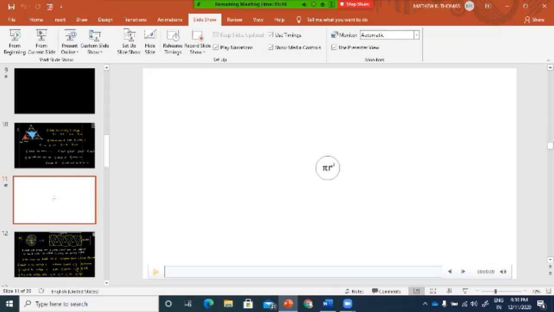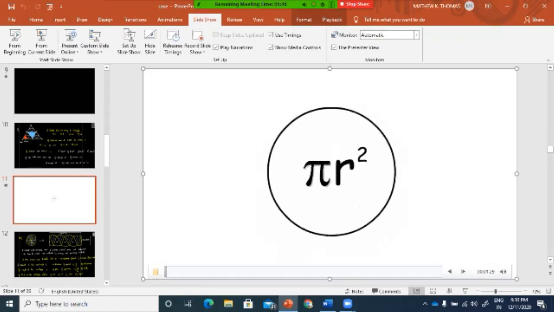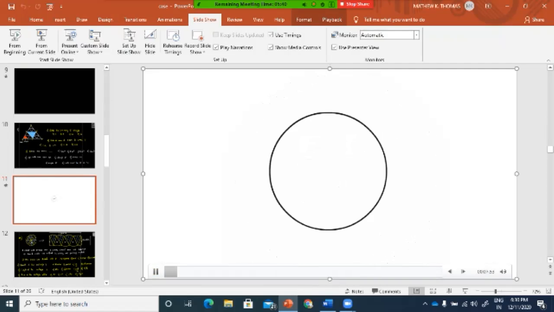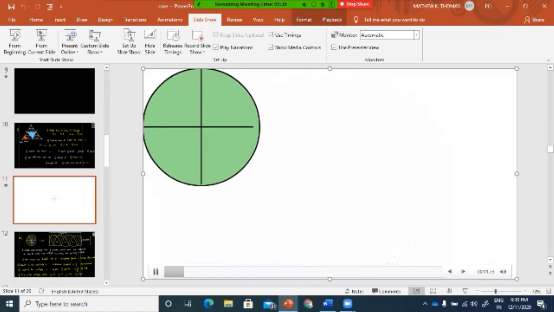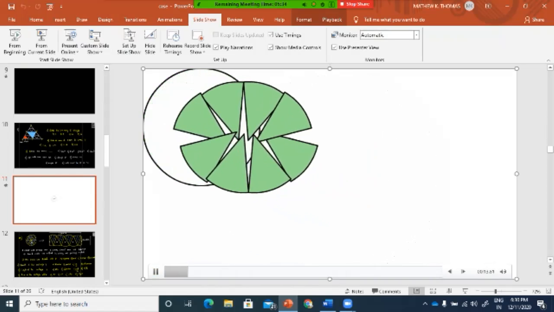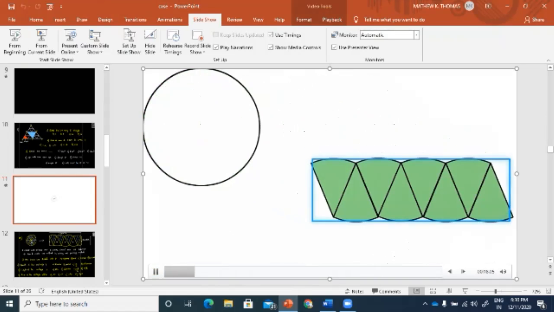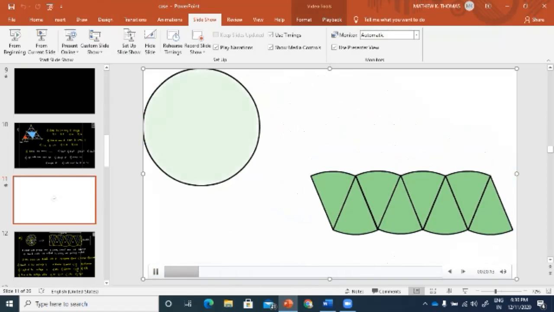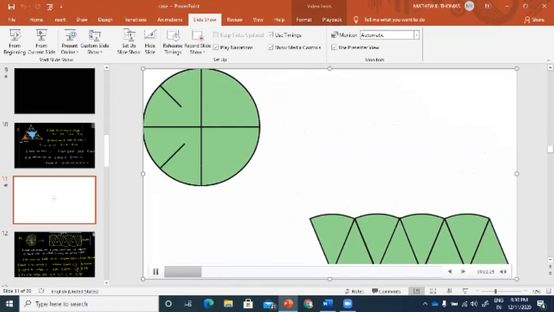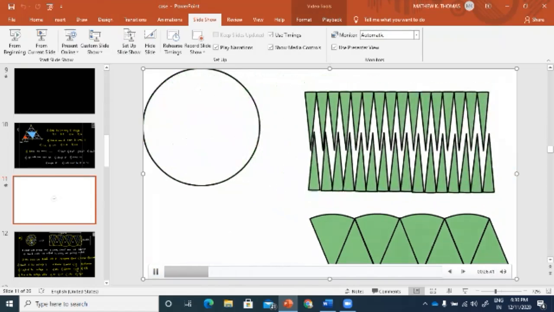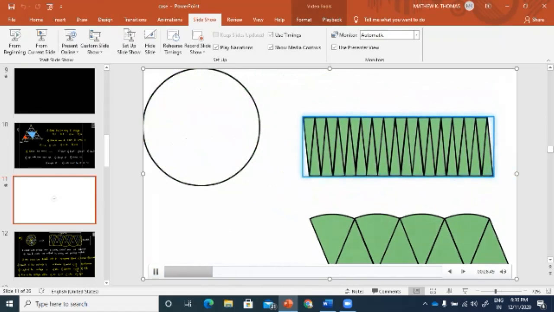Pi r squared gives you the area of a circle. But where does pi r squared come from? First, we'll draw a circle and fill in its area. Next, we will divide it into large equal parts and arrange them in a rectangular formation. As you can see, it barely resembles a rectangle. So next, we will divide the circle into small equal pieces and arrange them in the same manner.